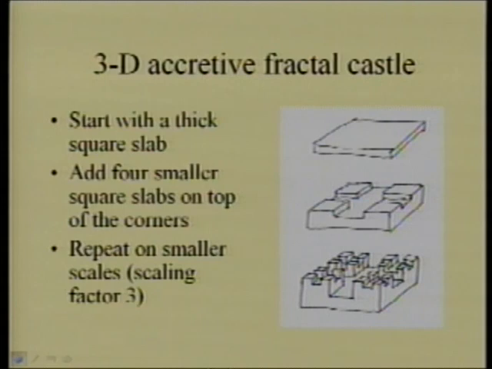And I have here three levels, and it does look like a castle with turrets, and I can continue this to get smaller and smaller fine structure. So this is how we build an accretive fractal, and already there is some resemblance, and the resemblance is not superficial, say, with human architecture.